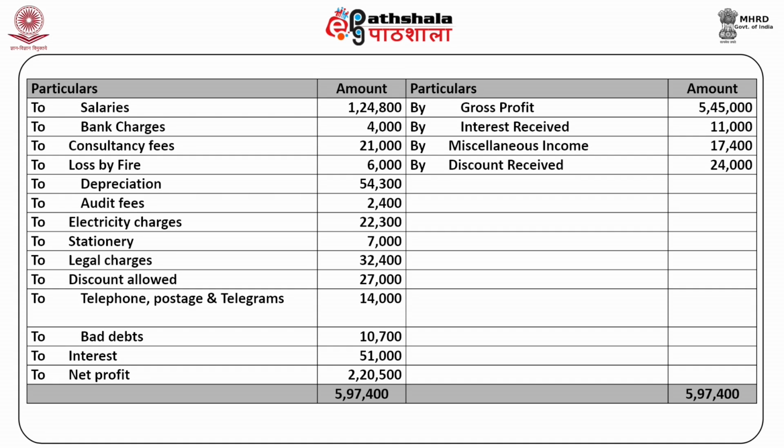On the left hand side, we will see all expense items: to salaries 1,24,800, to bank charges 4,000, to consultancy fees 21,000, to loss by fire 6,000, to depreciation 54,300, audit fees 2,400, electricity charges 22,300, stationery 7,000, legal charges 32,400, to discount allowed 27,000, to telephone, postage and telegram 14,000, to bad debts 10,700, interest 51,000.